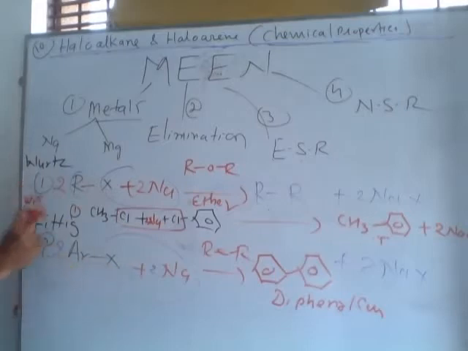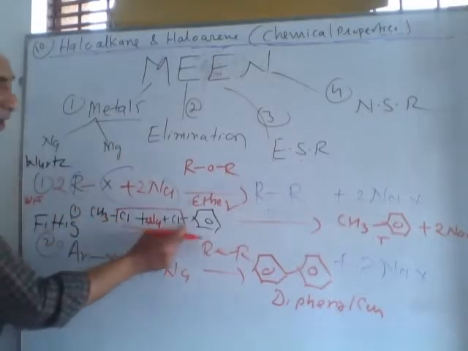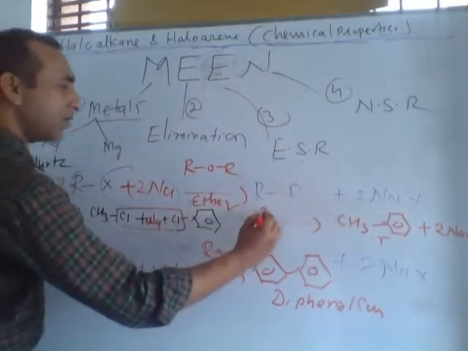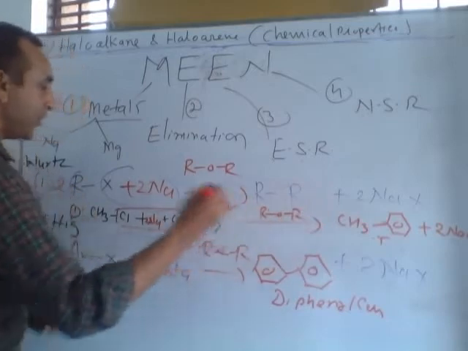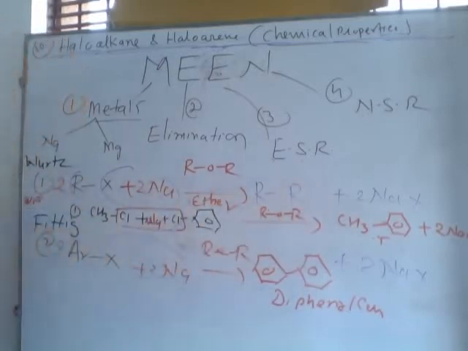But in Wurtz-Fittig, one part is haloalkane and another part is haloarene, in presence of dry ether. Remember, in the Wurtz reaction you can use primary RX and secondary RX, but tertiary RX does not give the Wurtz reaction.